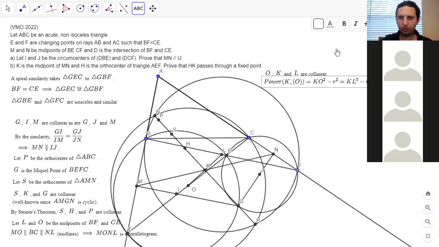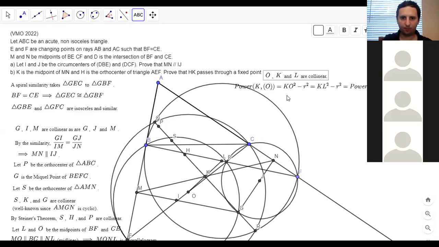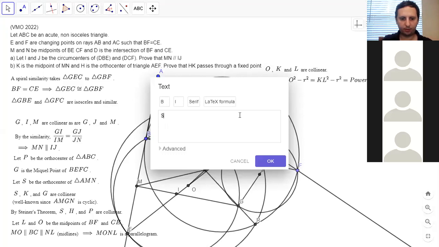Sorry. I'm going to move this down for just a sec. So K lies on the radical axis of those.